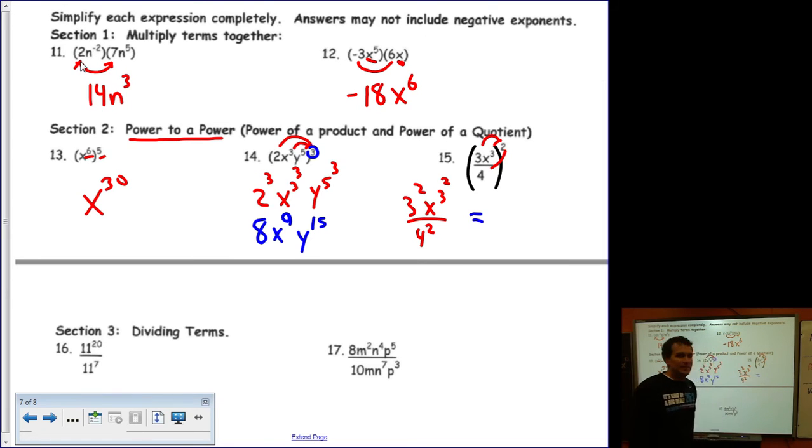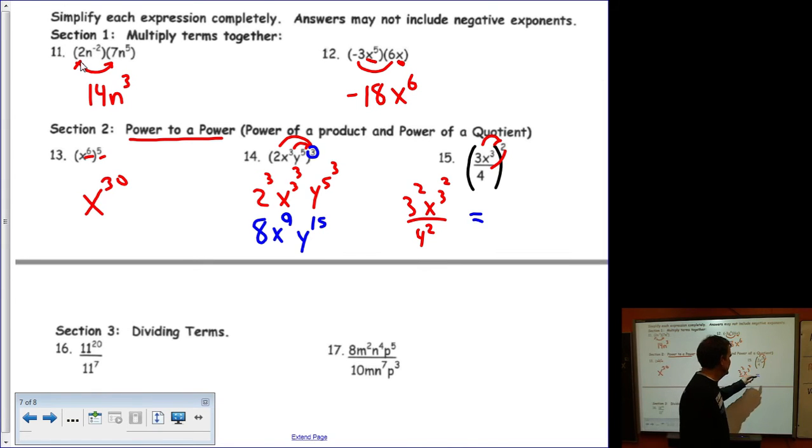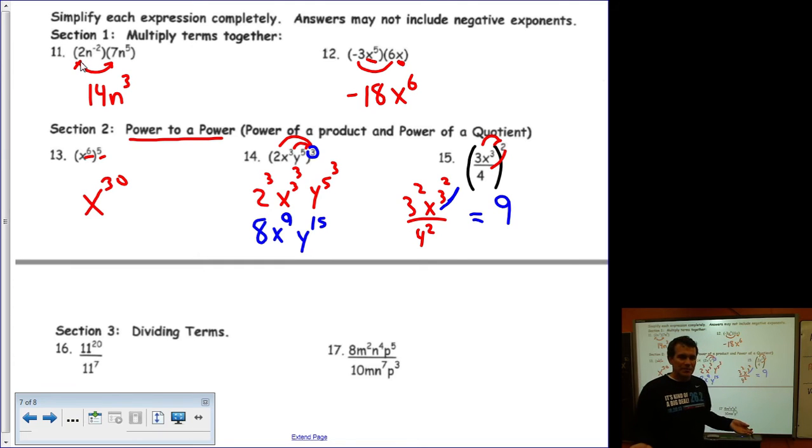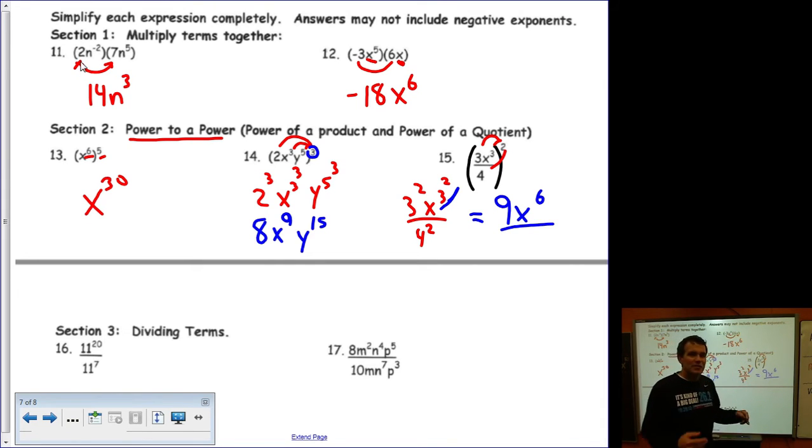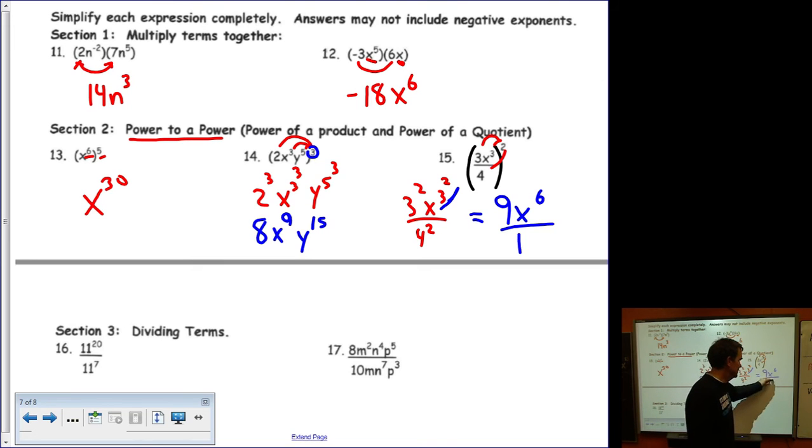And then when we simplify that, we get 9, because 3 to the 2nd is 9. Here we have x to the 3rd to the 2nd. We would simplify that by using the power to a power rule, where we multiply them and get x to the 6th. And on the bottom, 4 to the 2nd power is 16.